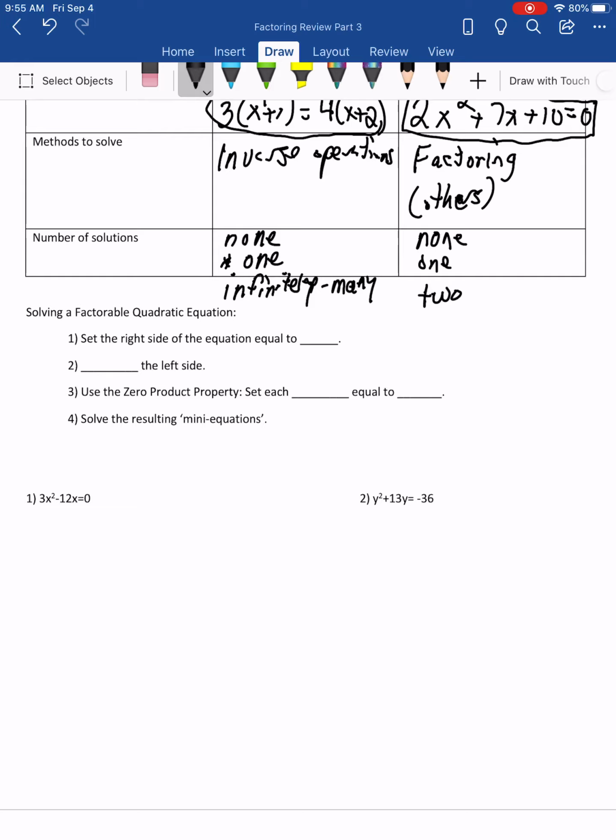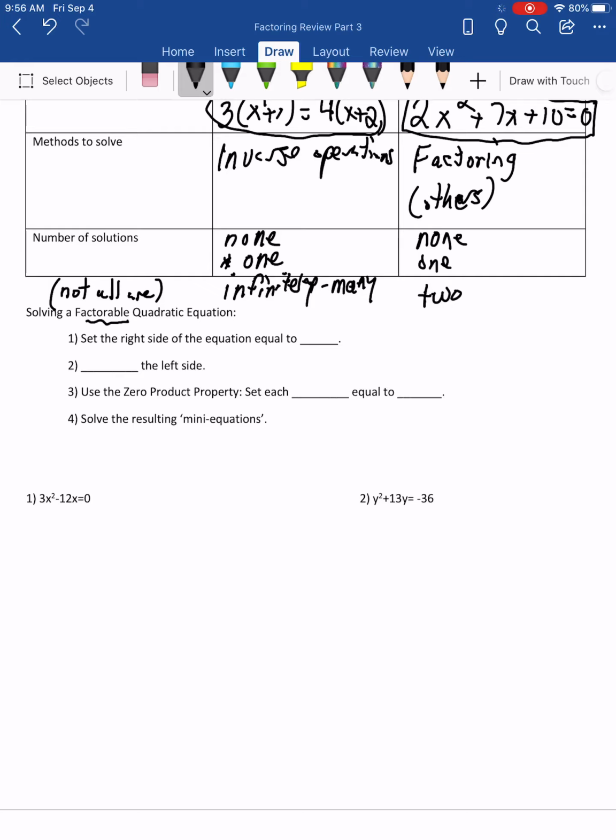Okay, so what I want to do next is review how to actually solve a quadratic equation by factoring. So a factorable quadratic equation. Not all are. All right. Many times, or most of the times, you're not going to be able to factor a quadratic equation, so that's when you'd use the quadratic formula or completing the square.